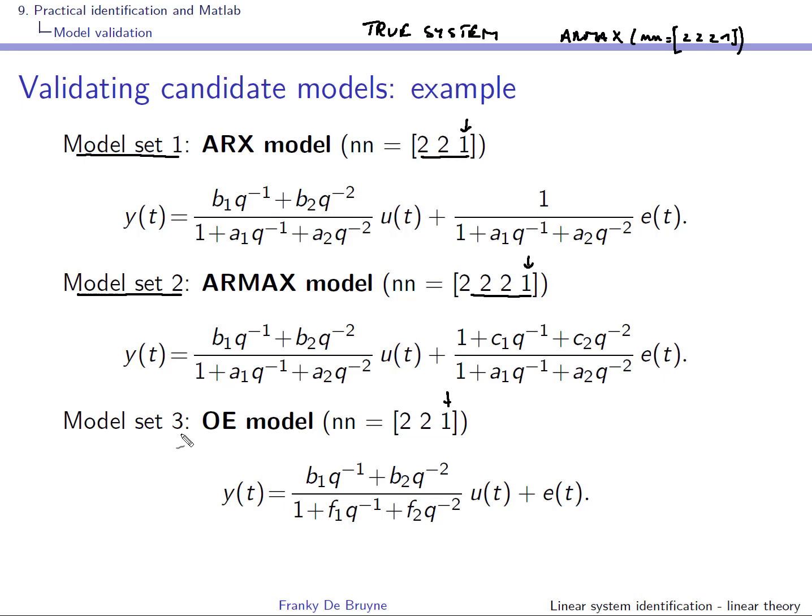And then finally an output error model structure 2, 2, 1, and this type of model structure you would of course use if you're interested in simulating the system, so if you're only interested in the input-output dynamics. So what you can do is identify the 3 models and then look at the residual analysis.